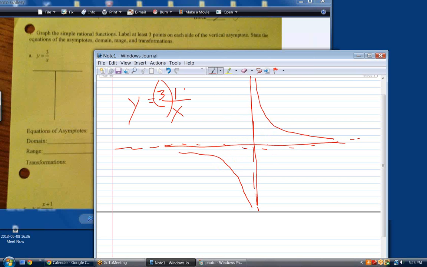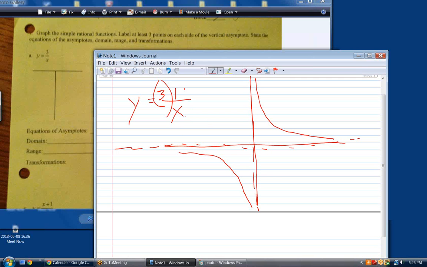So let's find 3 points to the right of the vertical asymptote. Give me 1 point. Well, find a value for x and figure out what y is.